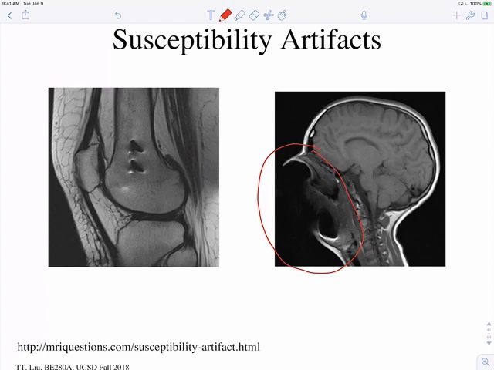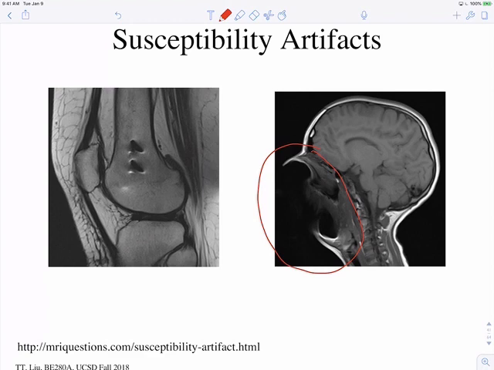Any idea? It could be, but let's assume for this case they're not talking, so they're holding as still as possible. What do people have in their mouth that might cause problems? Let's say it's a teenager. Braces, right? This person probably has braces or some other type of dental implant that is causing susceptibility problems.